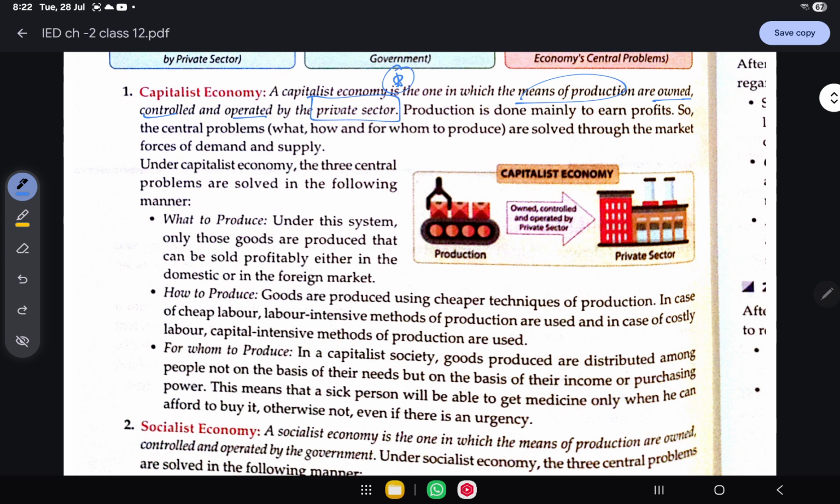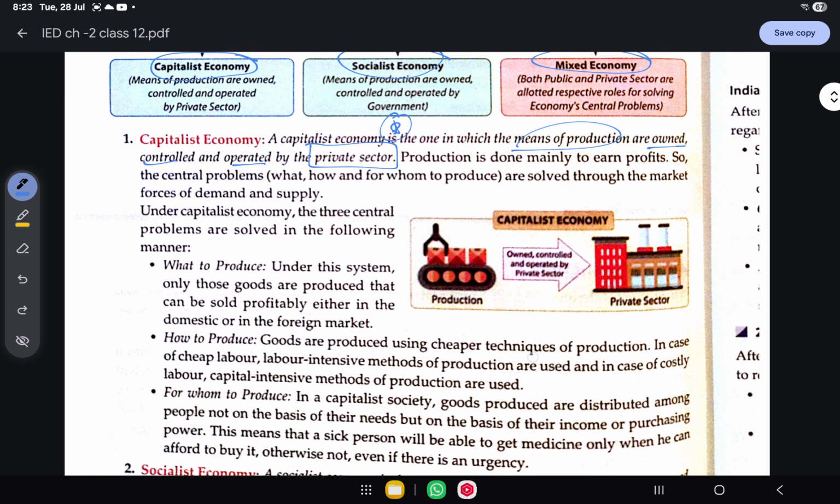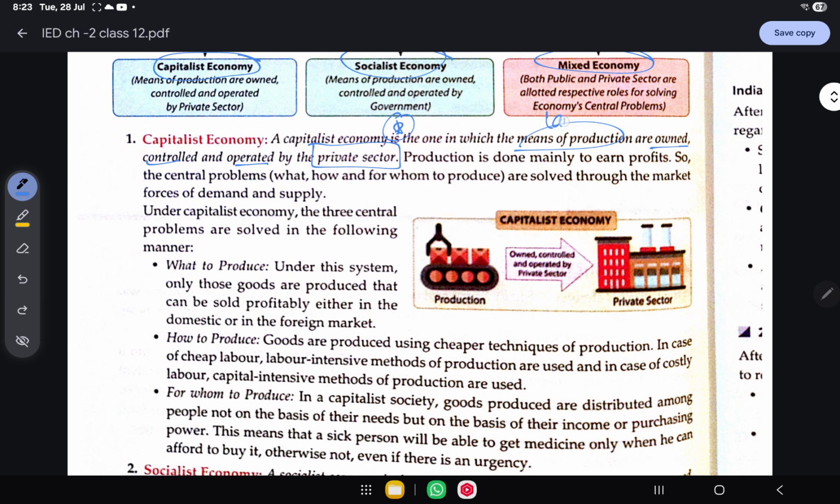So that means in the capitalist economy the means of production, either the land, the factories, the machines, etc., are owned, controlled and operated by private individuals or private firms, and their main objective is to earn profit. This is their main motive.